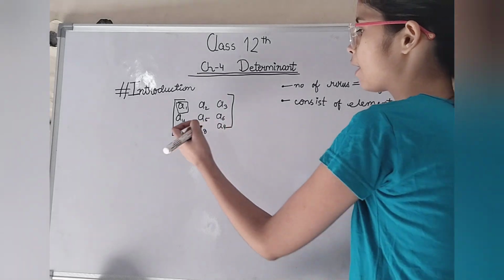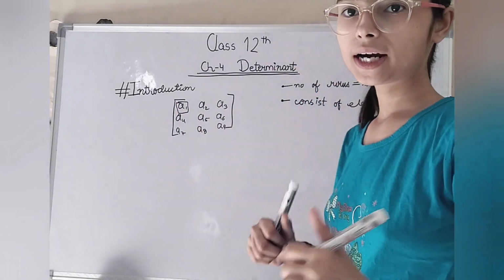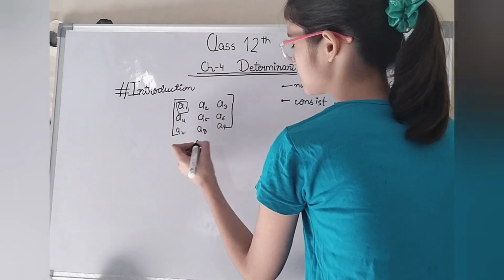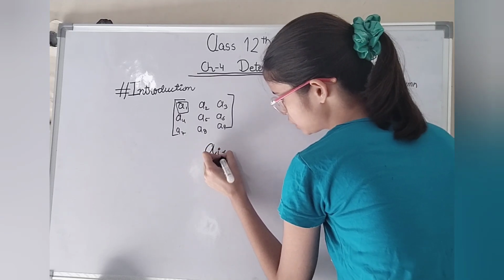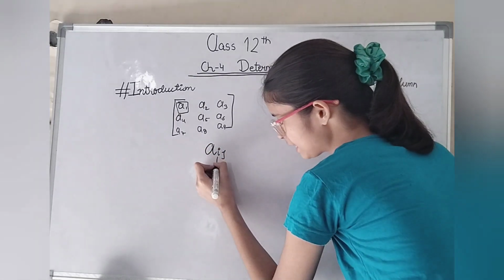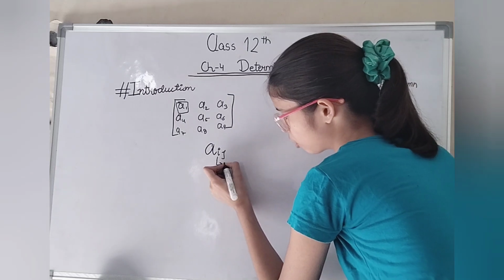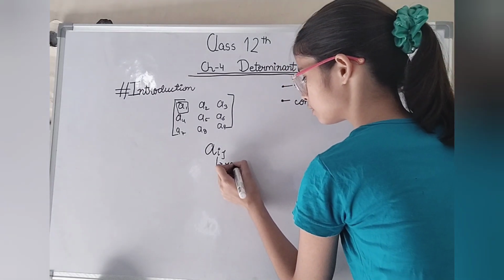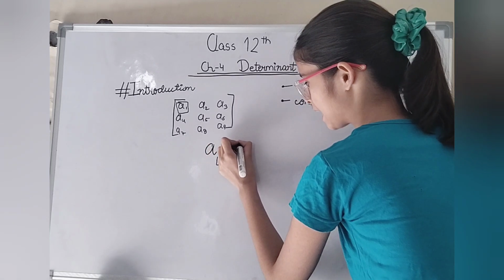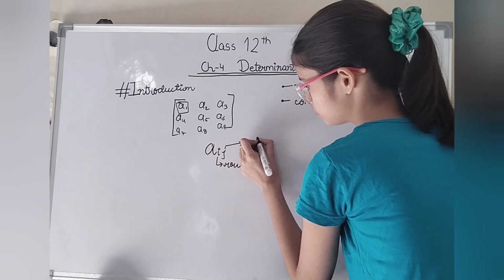Okay, so how do we identify the number of rows and columns? So we represent each element with a notation Aij, where i stands for the number of row and j stands for column.